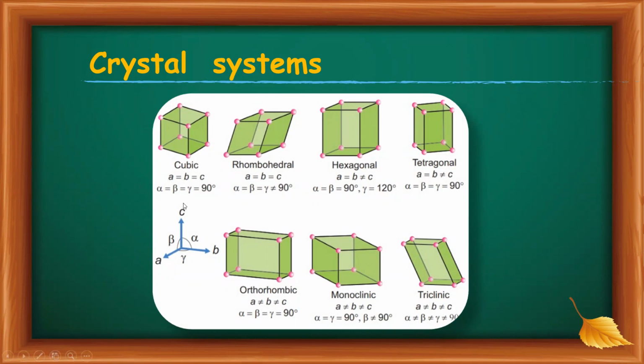In cubic, A equal to B equal to C, and alpha is equal to beta is equal to gamma is equal to 90 degree.